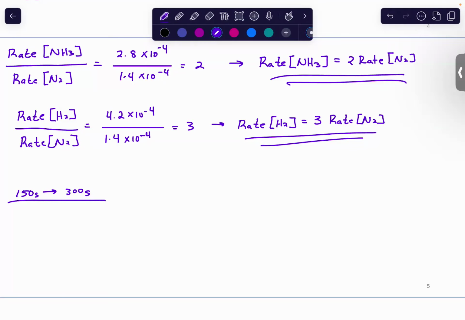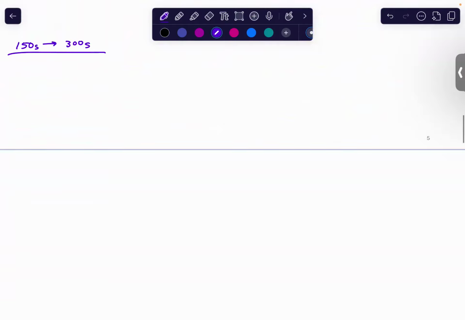So what does that tell us? My rate of ammonia consumption is 2 times the rate of nitrogen production.